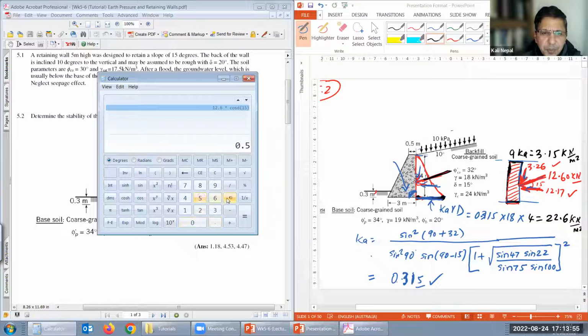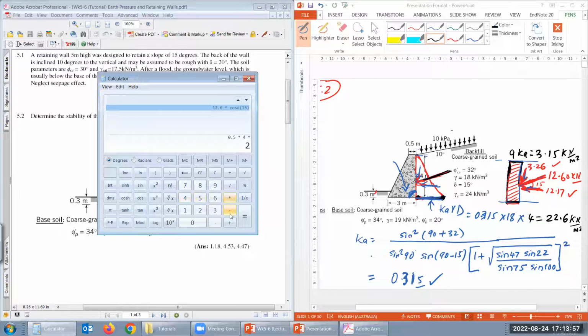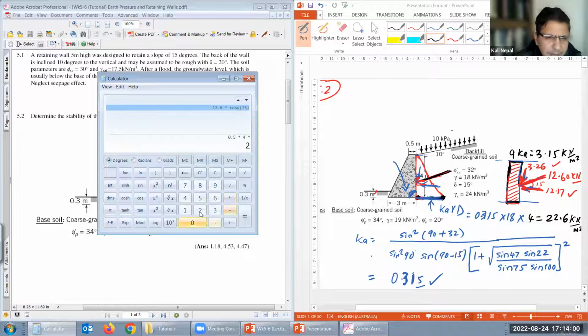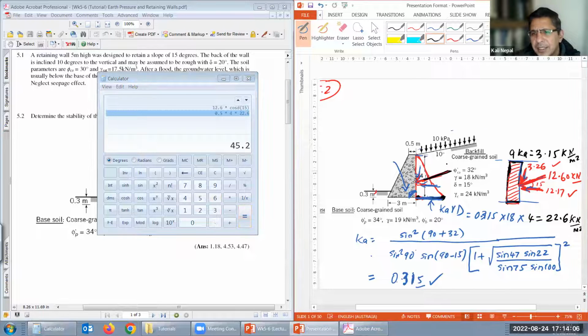0.5 times 45.2 times, what's the bottom? 22.6, right? 45.2, that's the angle. You need to convert into vertical and horizontal again, because the angle is 15 degree again, right?